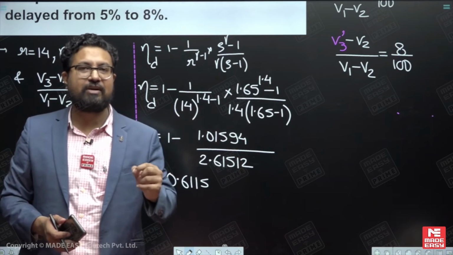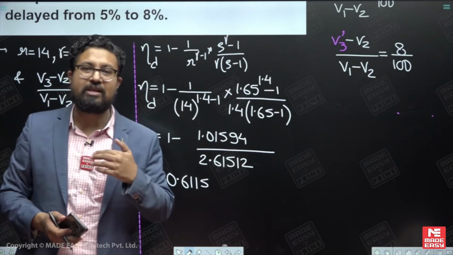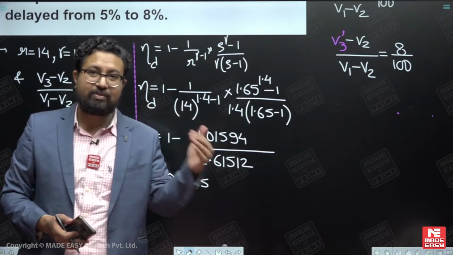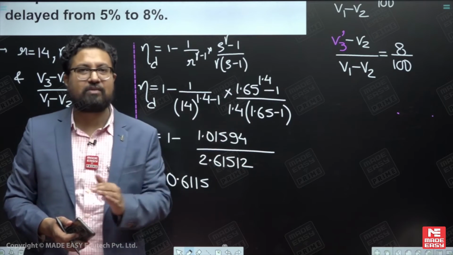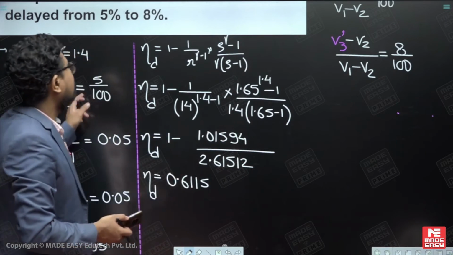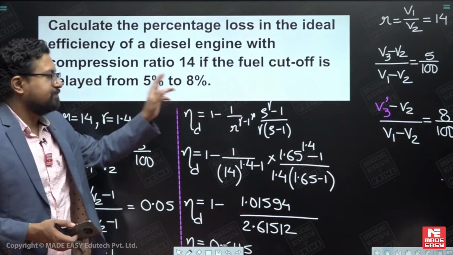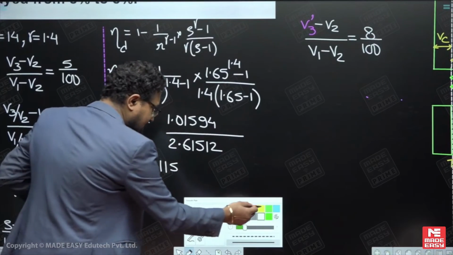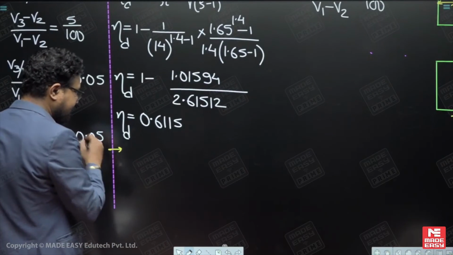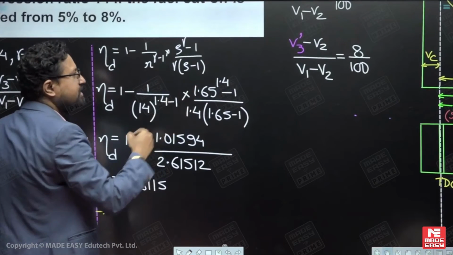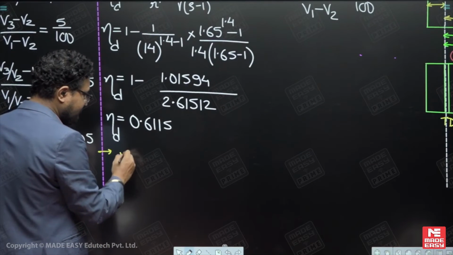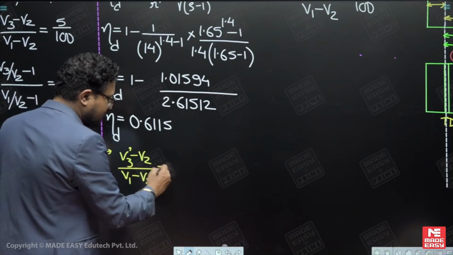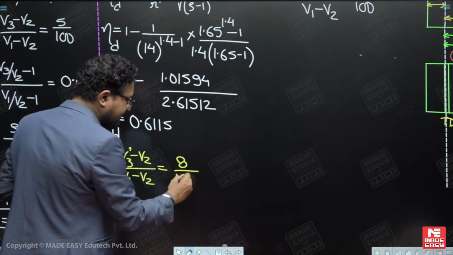We can find the efficiency when the cutoff volume changes to 8% of the stroke volume. So now this is what we have to find out, 8%. For the second case, I can write (V3' - V2)/(V1 - V2) equals 8/100.